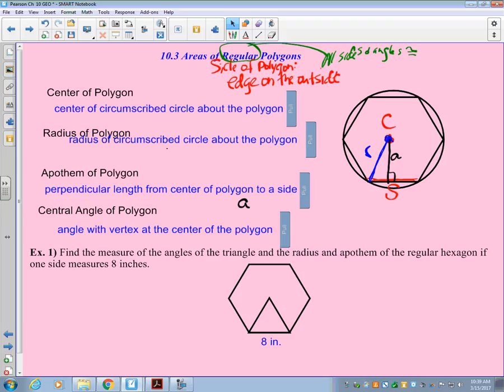So if I were to put another radius down, the central angle would be right here, and we're going to call it big C, our central angle. So the central angle goes from the radius of one vertex to the radius of another vertex. It's that angle.